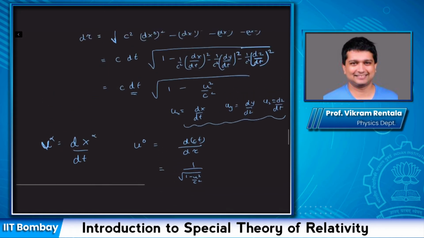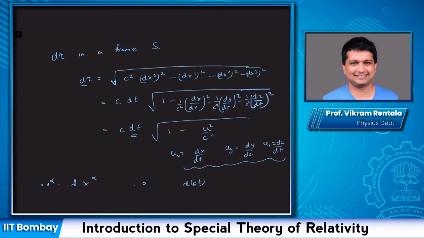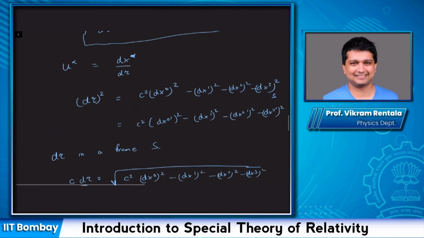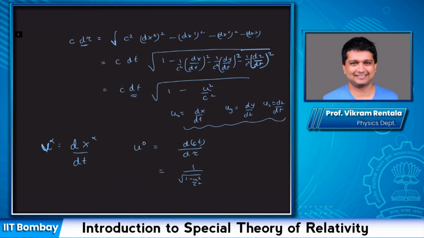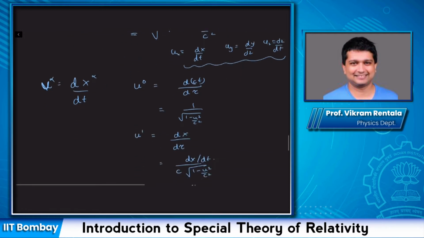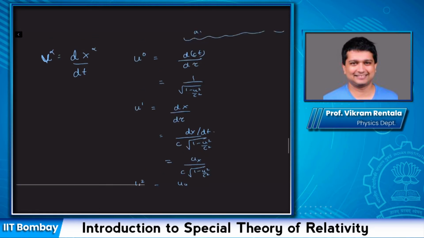Actually, if I was a little more careful, the way I define dτ is not exactly like this. I would have put a factor of c here, and actually c² dτ² is defined this way. And so the factor of c would drop out everywhere in the denominators.